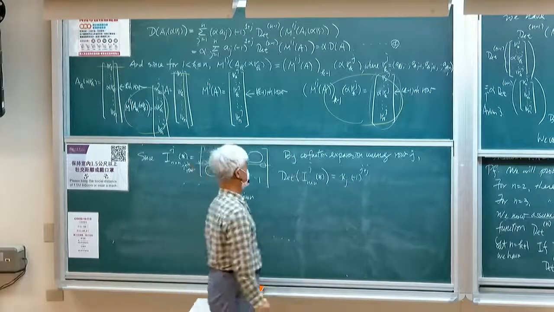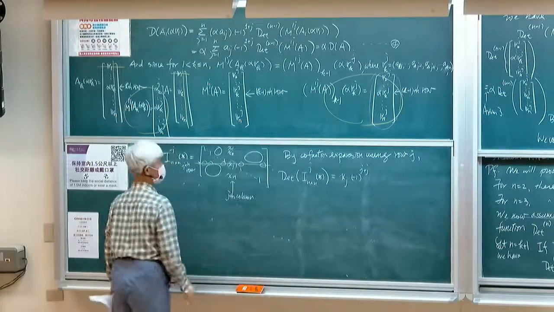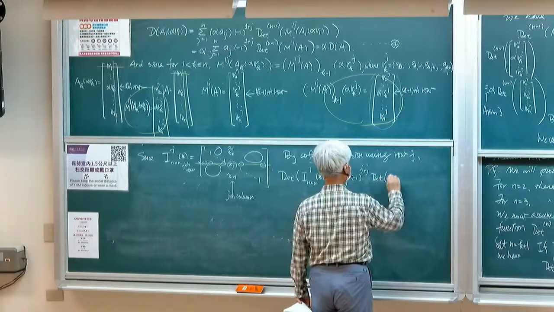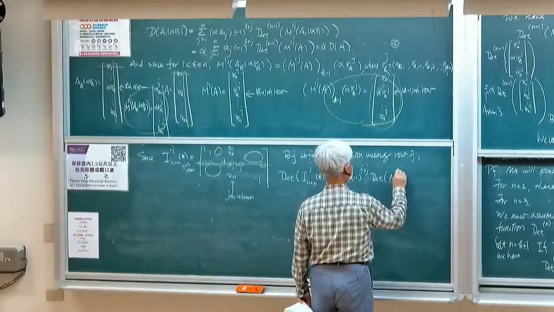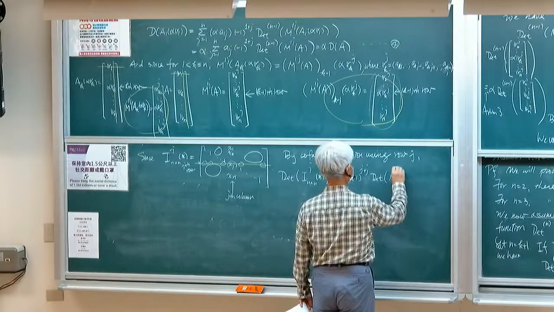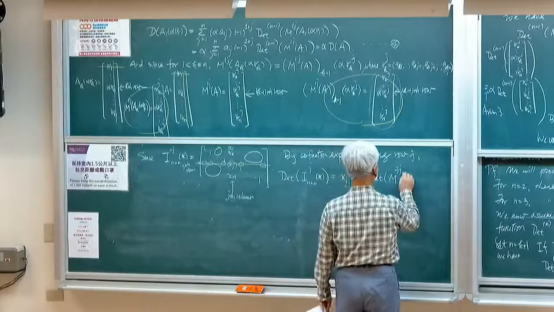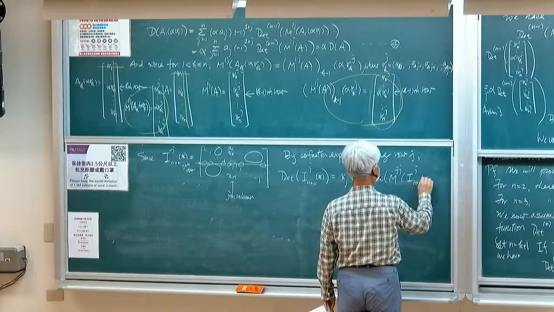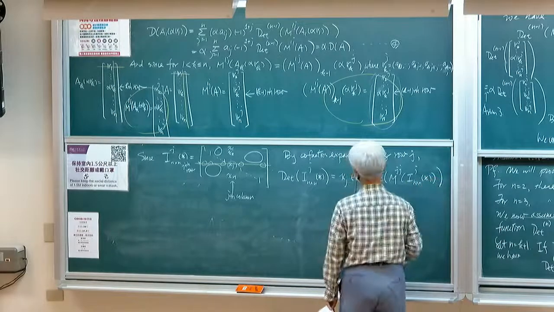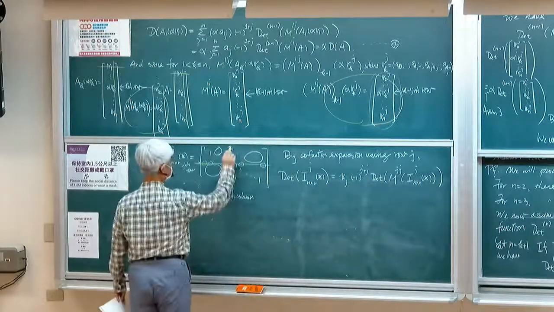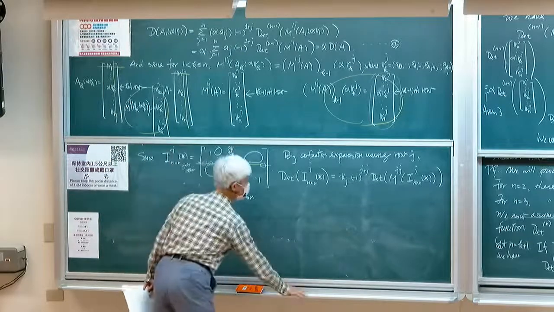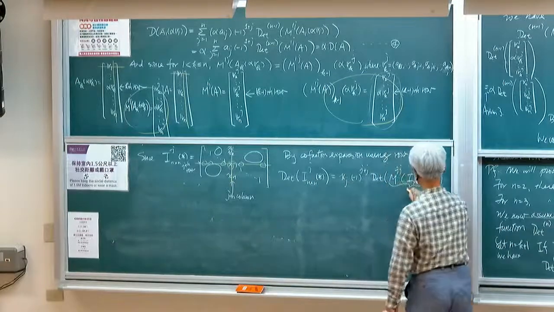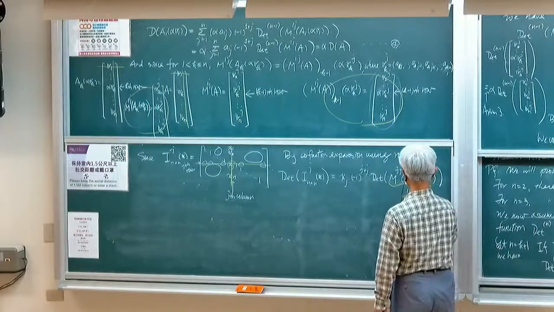The jj minor of this matrix is equal to the identity matrix of size n minus 1.